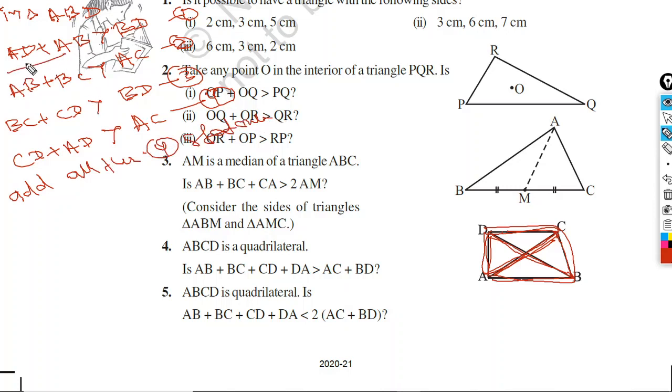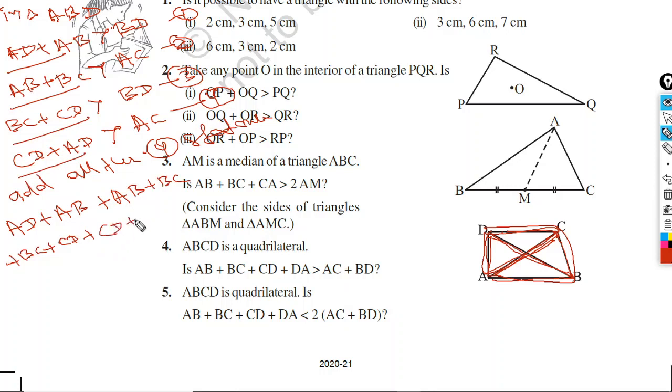Add all the LHS: AD plus AB, plus AB plus BC, plus BC plus CD, plus CD plus AD, is greater than BD plus AC plus BD plus AC.